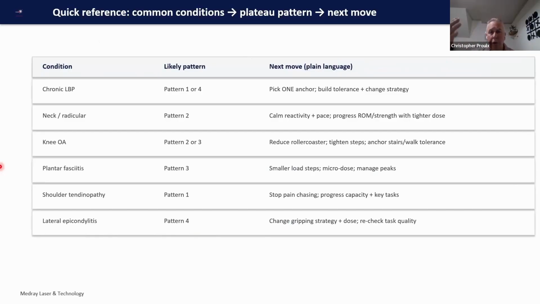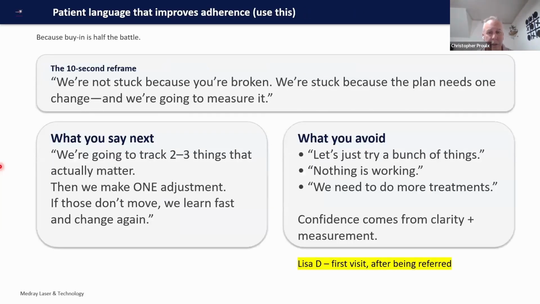So there are some of these conditions, which is why I chose these in particular, that have a likely pattern that they're going to follow, and I laid this out as the next move. We've already talked about this, but again, we're going to provide a take-home, one-sheet framework guidance that you'll be able to use.